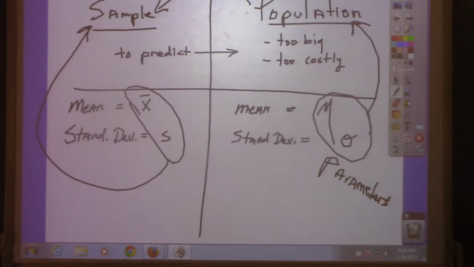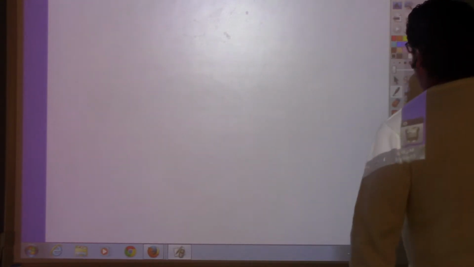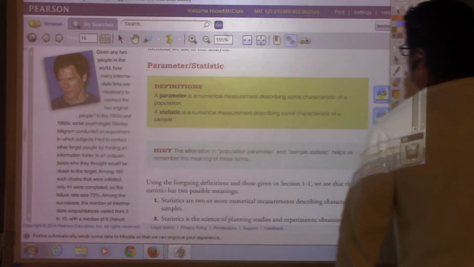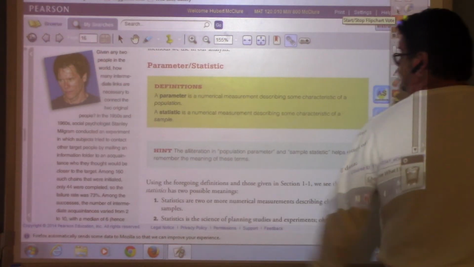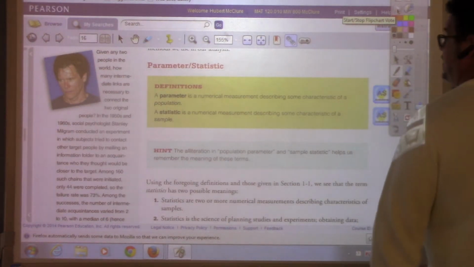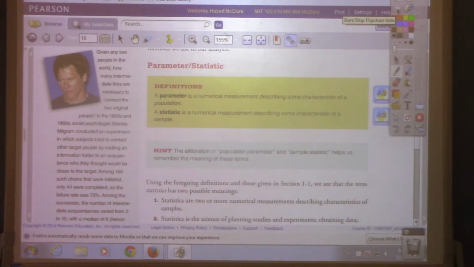Okay. Now, if you go back to the definitions: a parameter is a numerical measurement describing some characteristic of a population. A statistic is a numerical measurement describing some characteristic of a sample. That definition means that hopefully you won't be ignorant in a meeting and mismatch the two and not know. That's what it means.